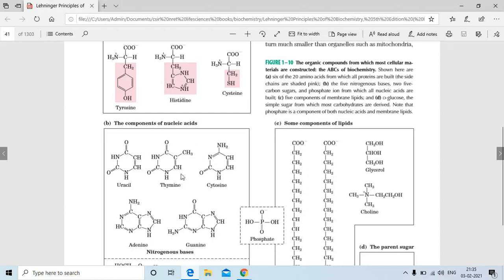So uracil, thymine, and cytosine can be remembered this way. Adenine and guanine we can remember by structure. The difference is that at the place of O here, NH2 has been attached in adenine, and in guanine the C=O group is there, and in the rest of the structure in guanine an extra NH2 group is there, but in adenine there is no NH2 group.